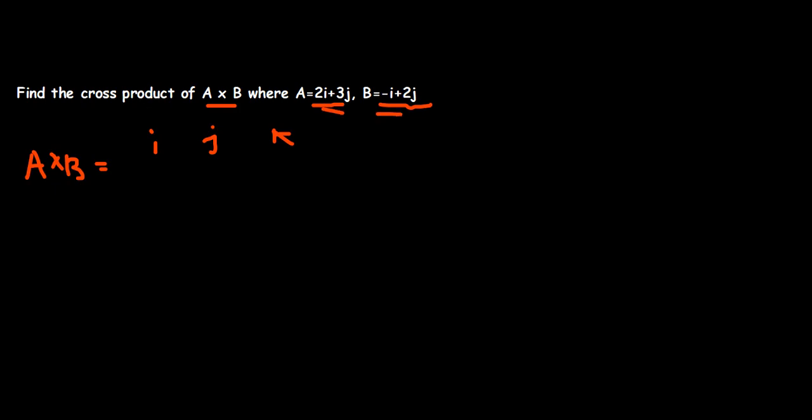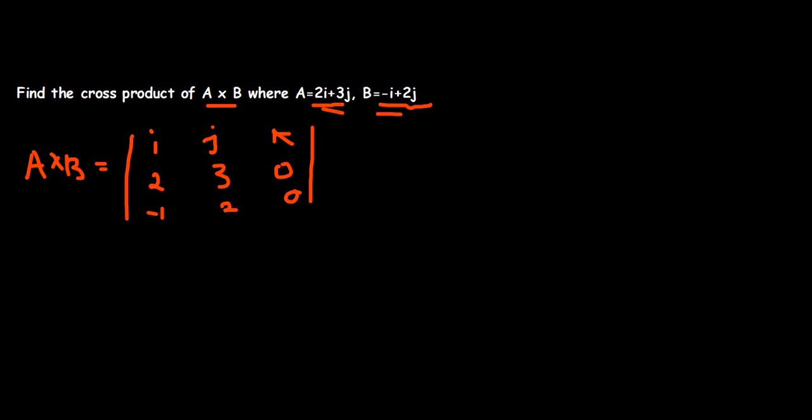The first one is 2, the second one is 3, and we notice that we don't have a k here, so it means the k is 0. In the vector b, we have minus 1, then 2, and then 0. So this is what we want to find here.